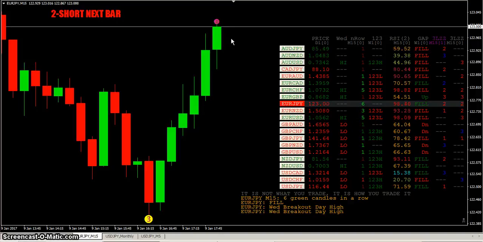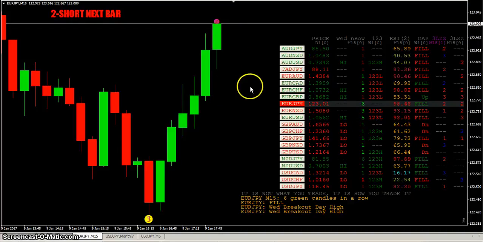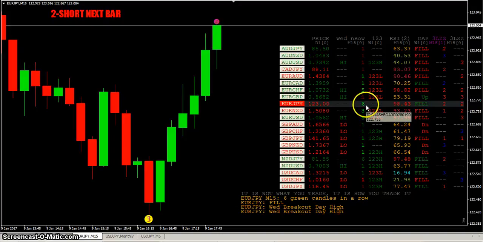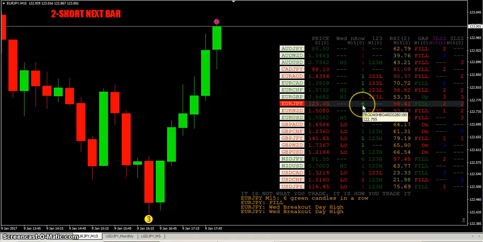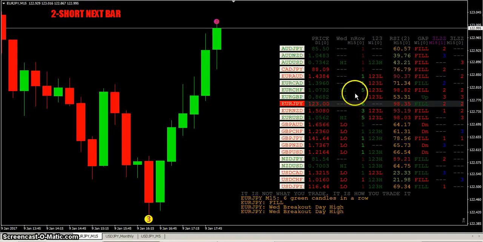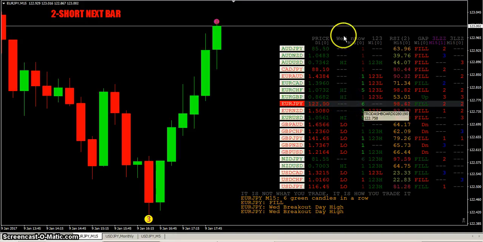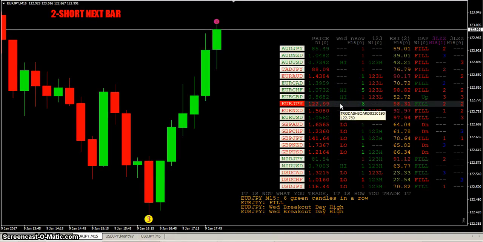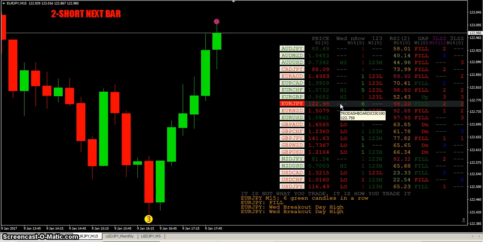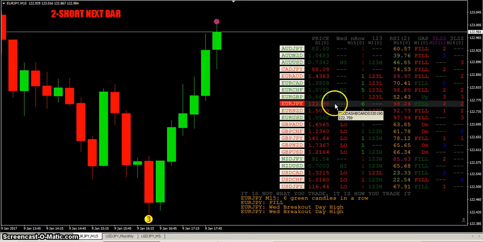And as we wait, I can look at a few other things. Okay, we've had 6 green M15s in a row. So I have that Wednesday high. Let's see, what's today? Today's Monday, and it's not going to end till 2 o'clock. That's Wednesday's candle.